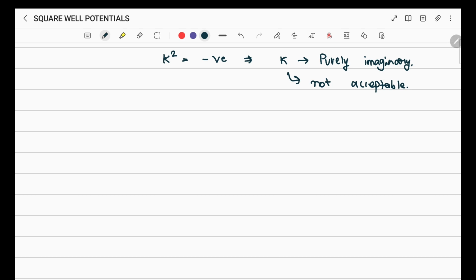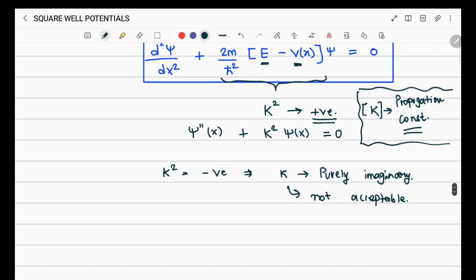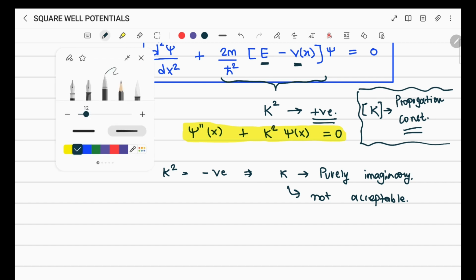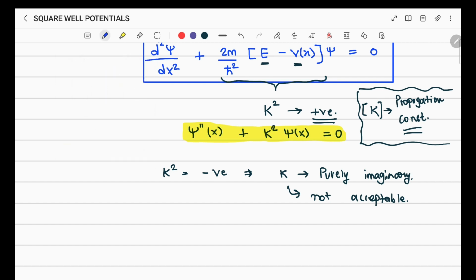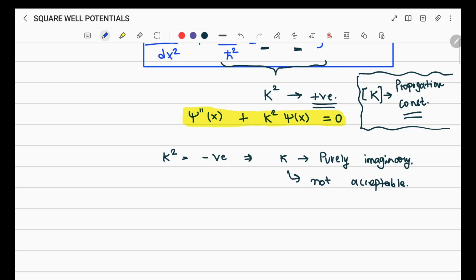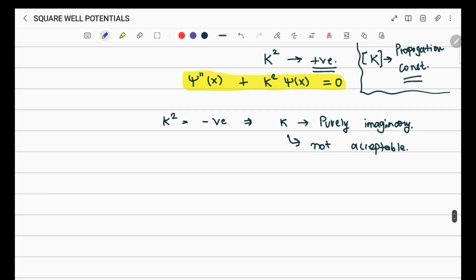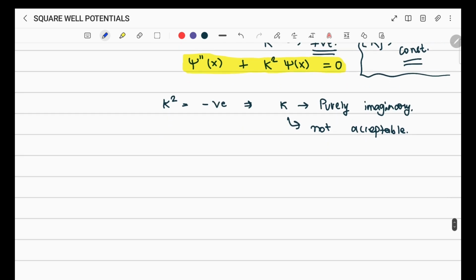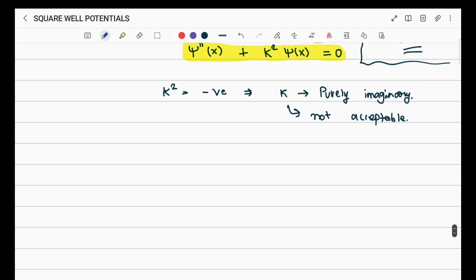So going ahead with that, as you see, your k square is positive and your Schrodinger equation basically reduces to this. You know how to solve it and what the solutions of these equations are. The solution of these equations resembles exponentially increasing and exponentially decaying functions, so we can write them in sine and cosine form.